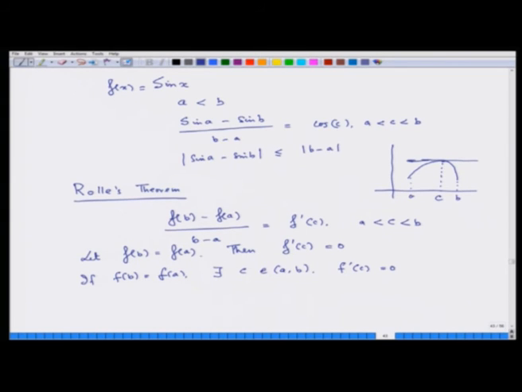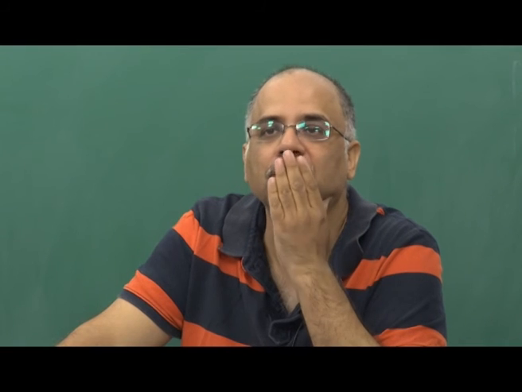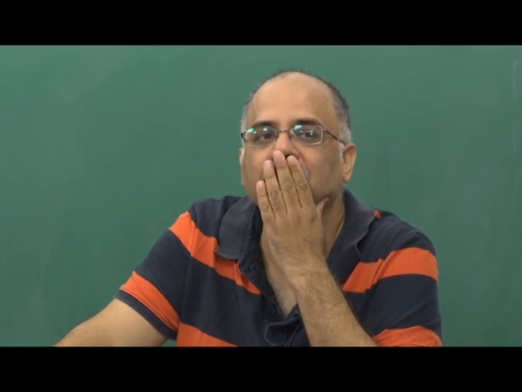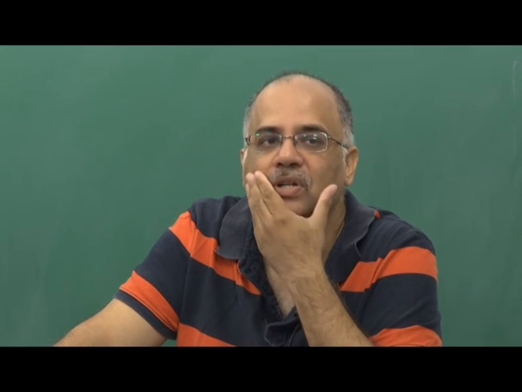So you see how an interesting result of the mean value theorem leads you to several more facts. There are more things you can talk about. Now I will tell you something interesting. Suppose f dash x is 0 throughout the interval ab, then what is going to happen?